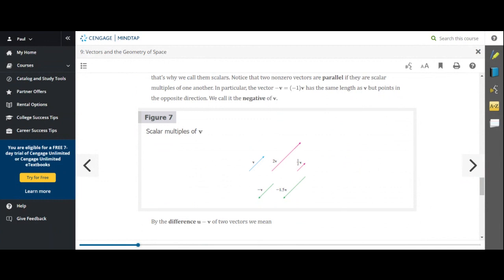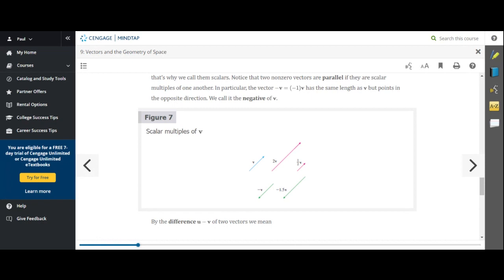And then, now the negative v, we have in the green vectors there are negative v. Well, how's the negative v vector relate to the vector v? It's just going in the opposite direction. Yeah, the negative values reflect the v vector going in the opposite way.